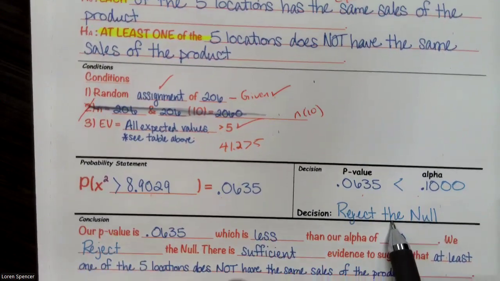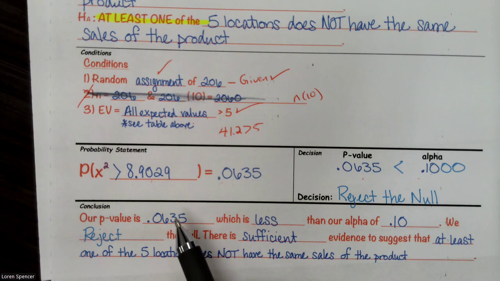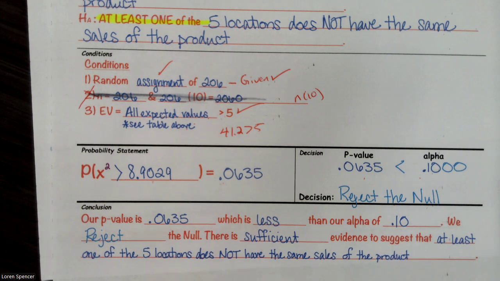So our conclusion is going to be similar to what we've done before. Our p-value is 0.0635, which is less than our alpha 0.10. We reject the null. There is sufficient evidence to suggest, and look at this, suggest at least one of the 5 locations does not have the same sales of the product.